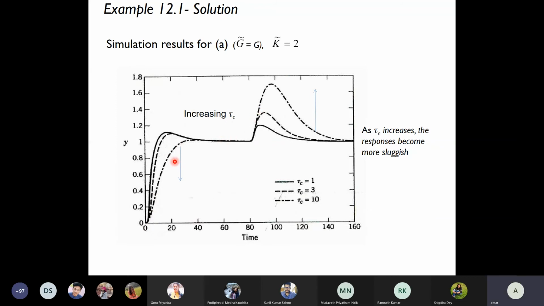So here you can see this is for tau c is equal to 1, this is for tau c is equal to 3 and tau c is equal to 10.